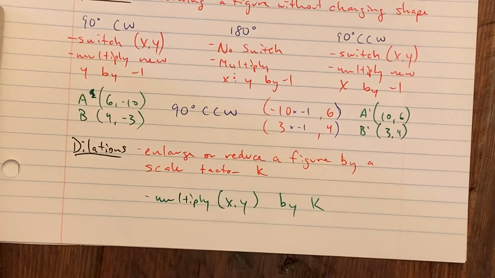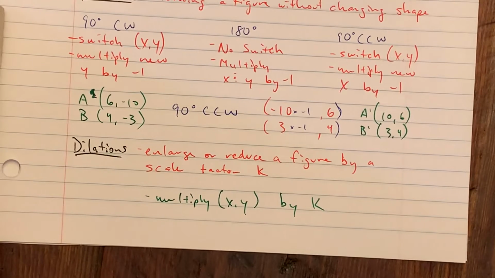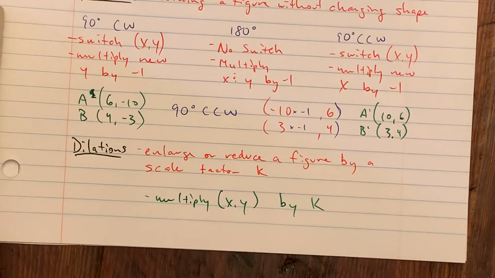If it's a reduced figure, we're going to be multiplying it by a fraction to make it smaller, or we're enlarging a figure and that number is going to be more than 1.